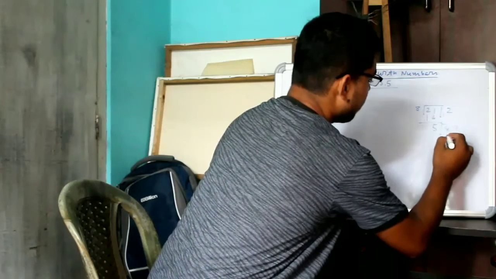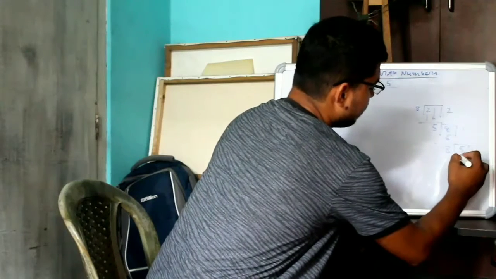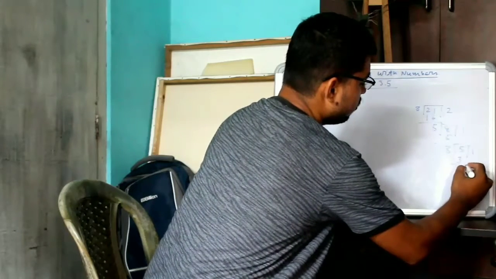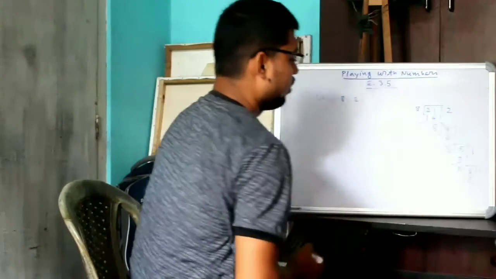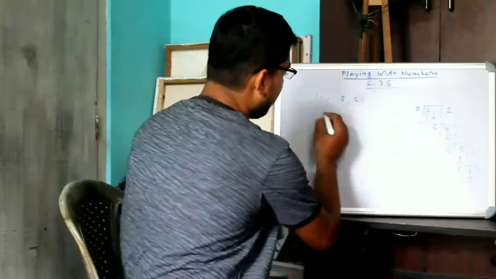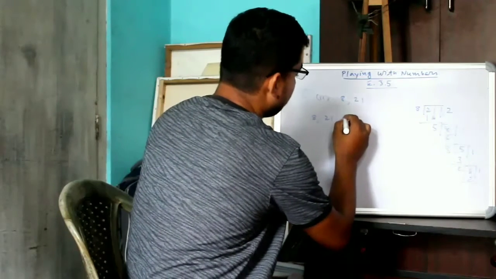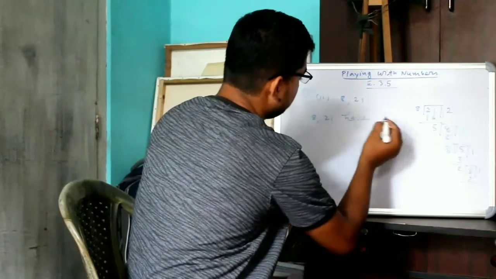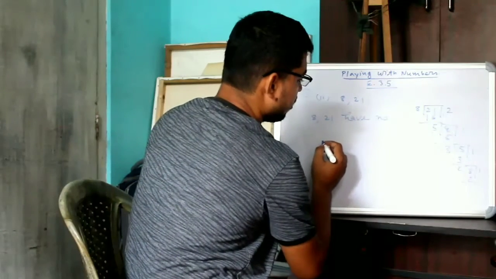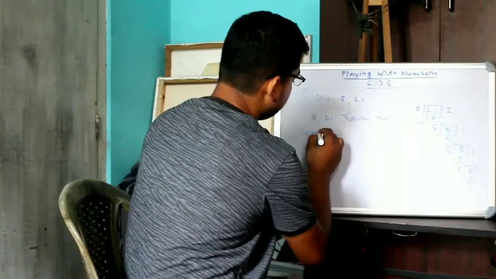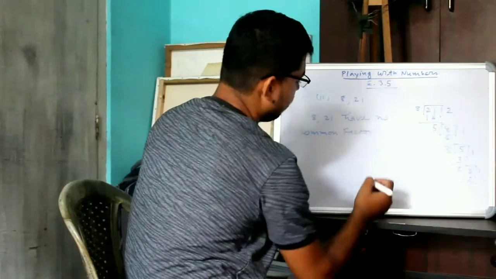Then 8 divided by 5, 1 time, 3 remains, then 5 divided by 3, 1 time, 2 remains, then 3 divided by 2, 1 time, 1 is left. So 8 and 21 have no common factor.